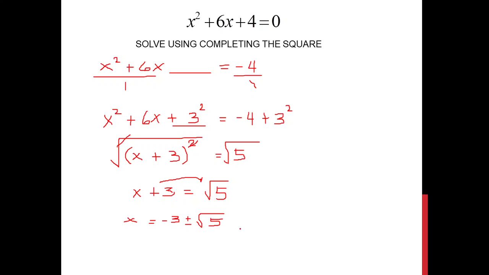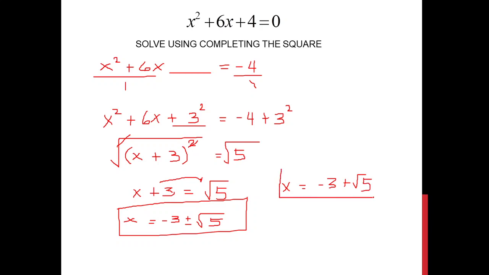So meaning you have two values of x now, or roots. You have the first one, x is equal to negative 3 plus the square root of 5. You have the second one as x equals negative 3 minus the square root of 5.